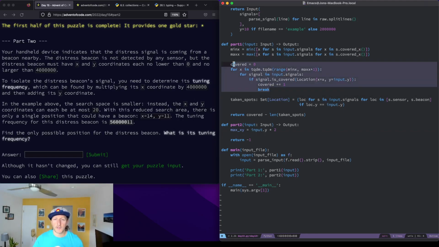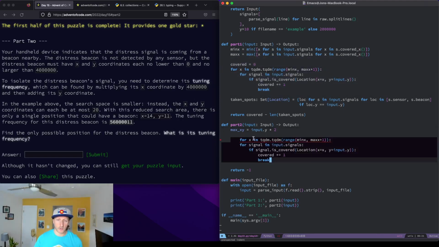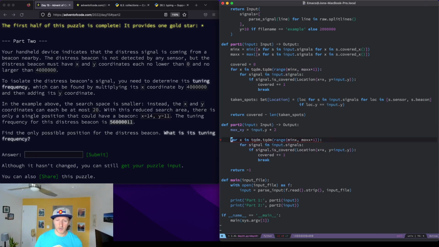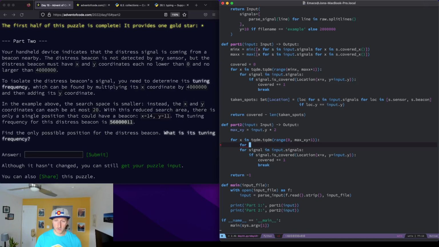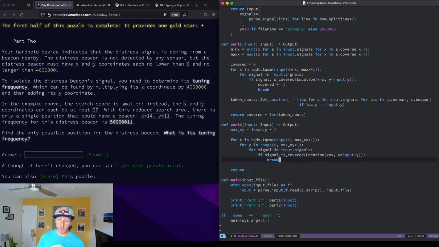First of all, let's just write the naive solution and start it running while we think. I mean, that can't hurt, right? And basically, if it's covered, then we break immediately.